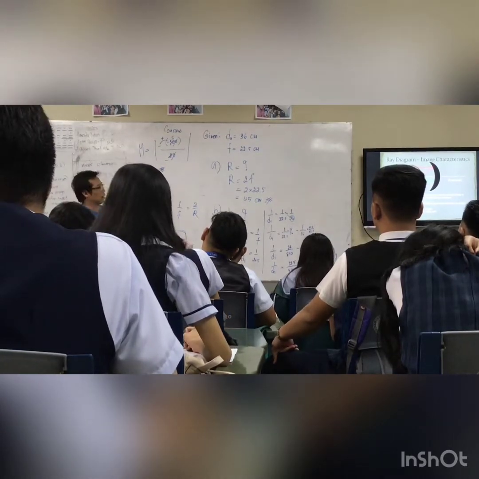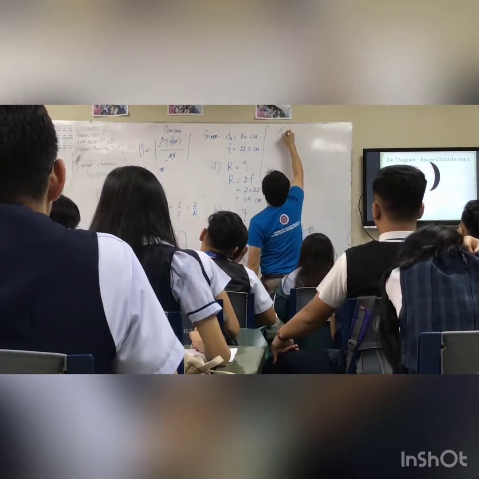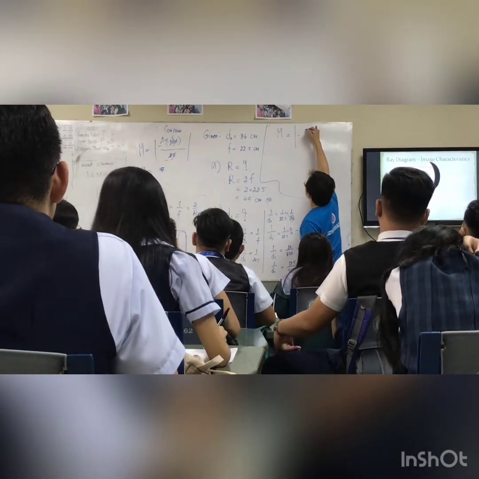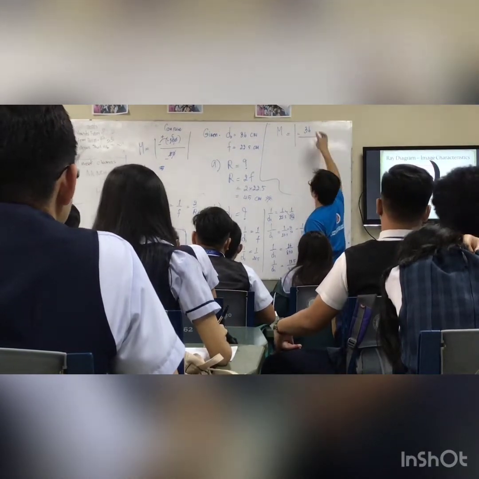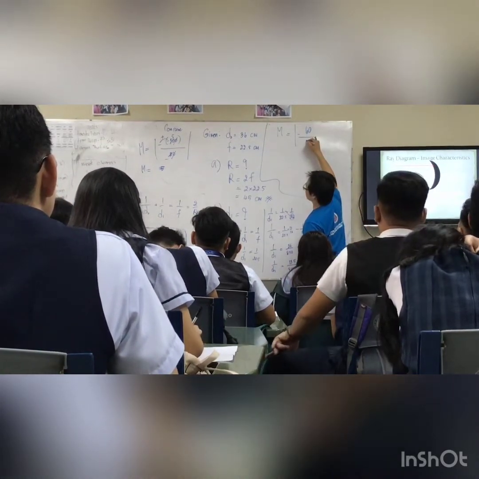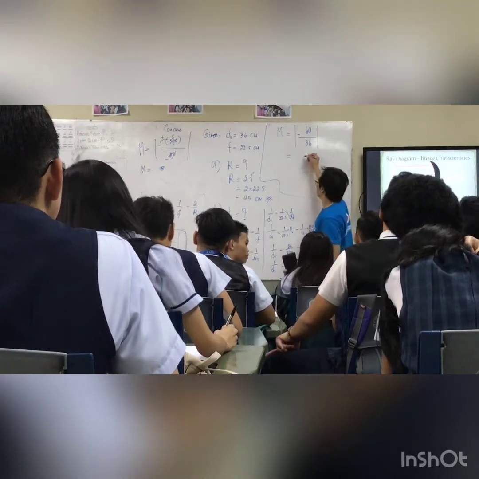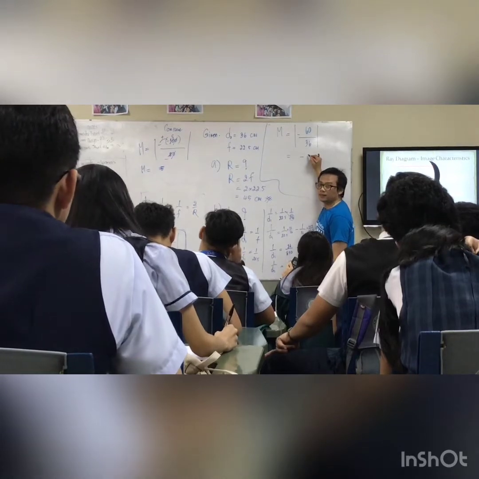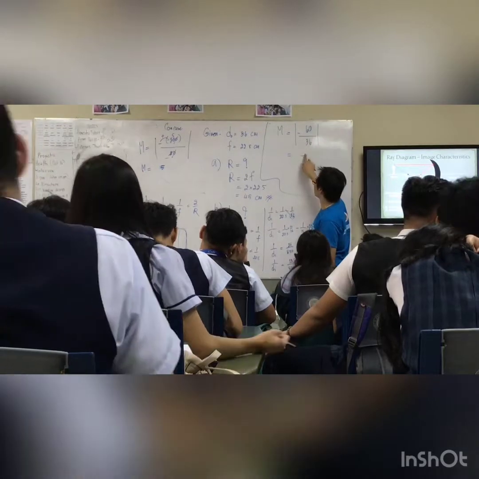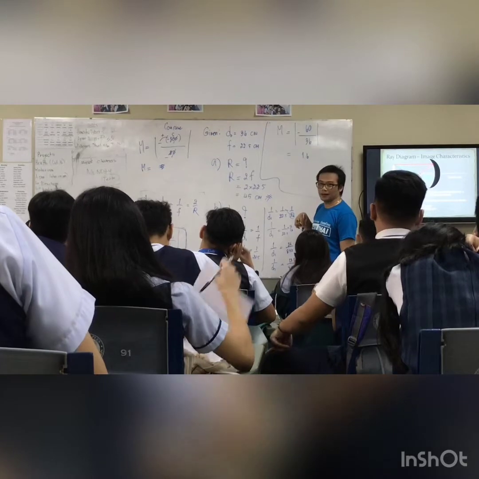The magnification is 60 divided by 36, which equals negative 1.6, in the absolute value.